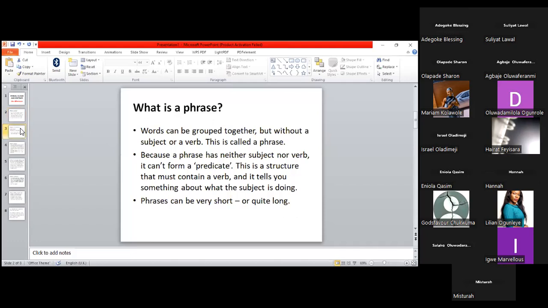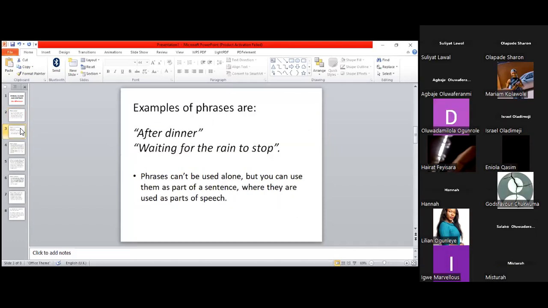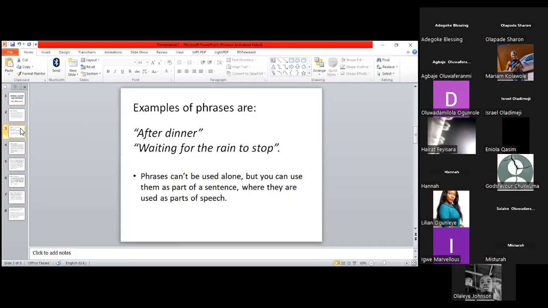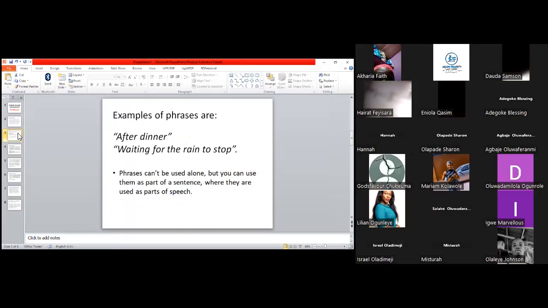Moving up from there quickly, these are examples of phrases. After dinner. Now imagine me just coming to any of you, opening my mouth and telling you, after dinner. There are several questions that you would ask. What has happened after dinner? What is wrong with after dinner? Is there anything you want me to know after dinner?